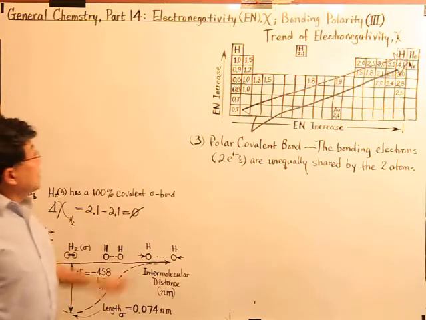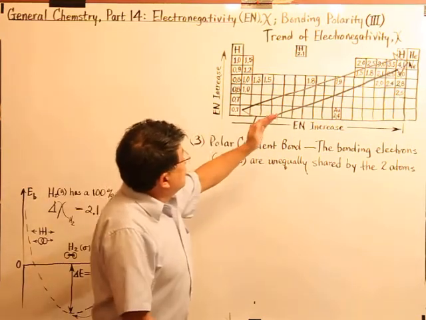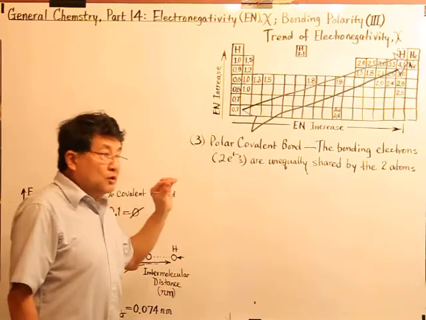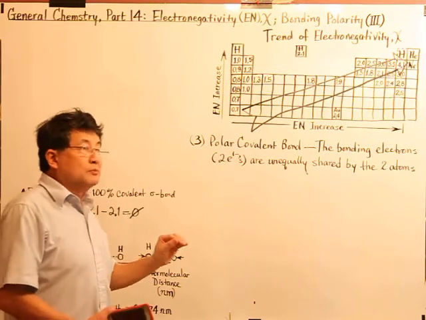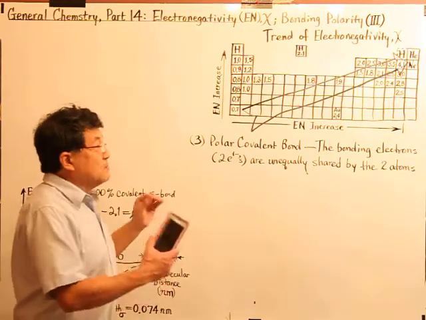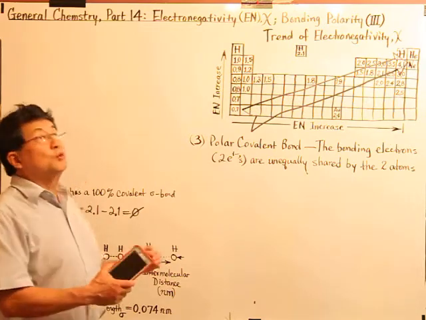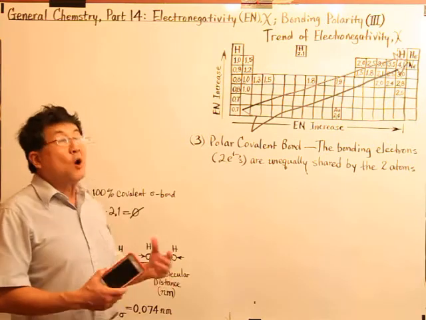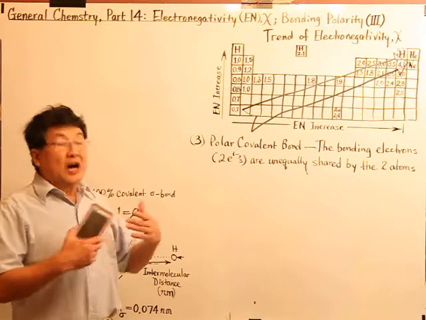Same thing. So what happens is, the bigger the difference in electronegativity between two atoms of two different elements, the more likely they are to form an ionic bond. The smaller the difference in electronegativity between atoms of two different elements, the more likely they are to form a polar covalent bond, until they are exactly identical and become totally 100% covalent.